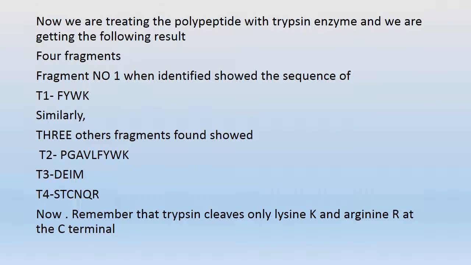Now we are treating the polypeptide with trypsin enzyme, and we are getting the following result. From treating with FDNB, we got to know that of the 20 amino acids, at the N terminal there is proline. Now for the remaining 19 amino acids, we need to know their positions and which amino acids they are. We get 4 fragments by treating with trypsin.